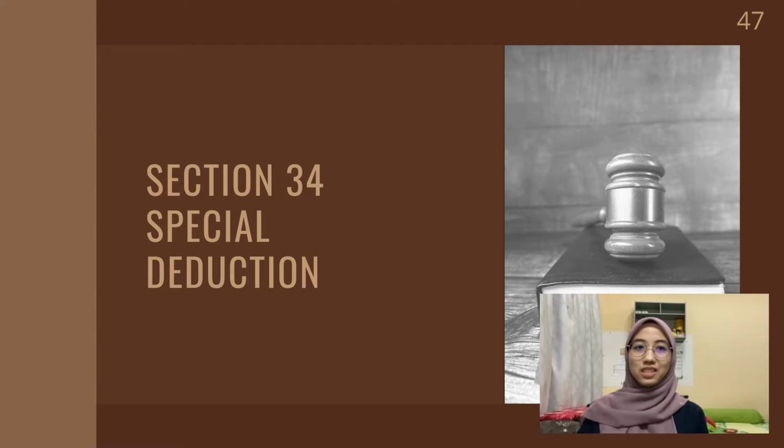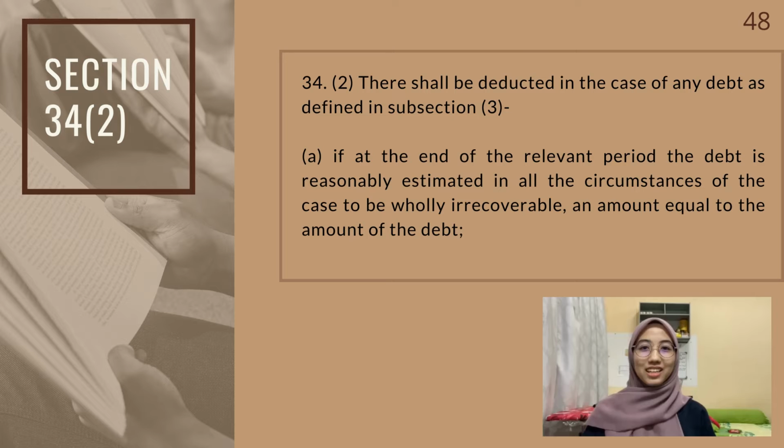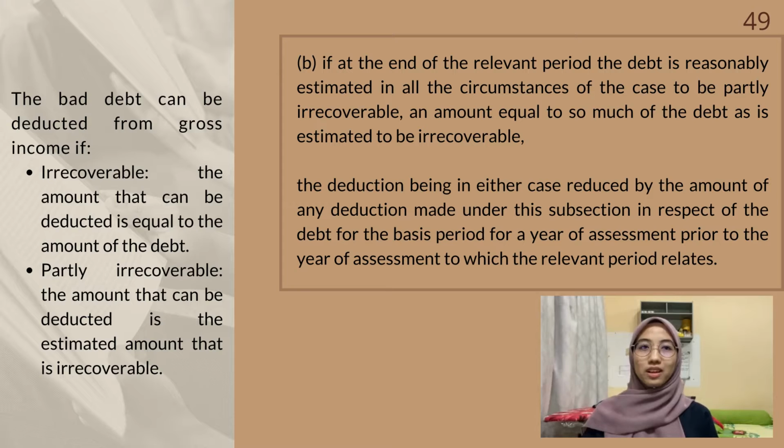Next is the special deduction provided in Section 34 of ITA 1967. In Section 34(2), the bad debt can be deducted from gross income in two situations, which are irrecoverable and partly irrecoverable. For irrecoverable, the amount that can be deducted is equal to the amount of the debt.